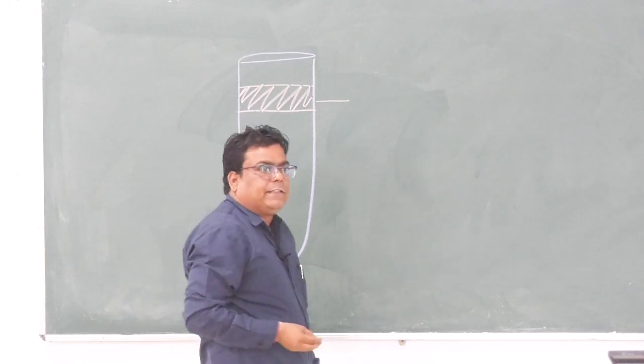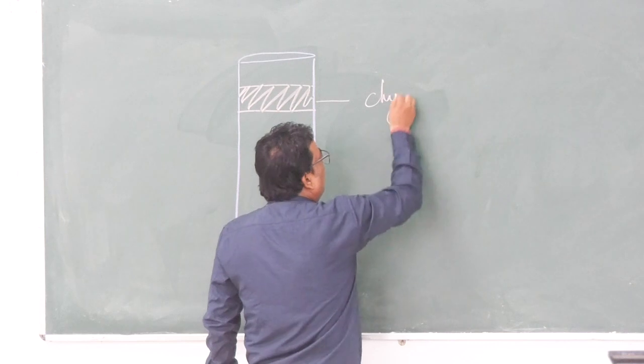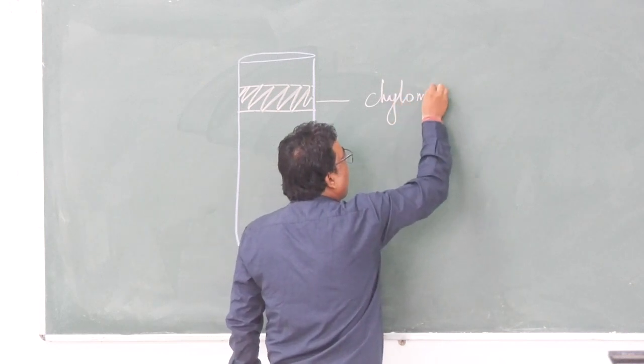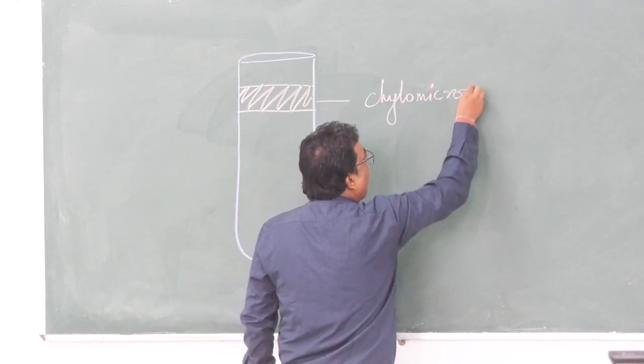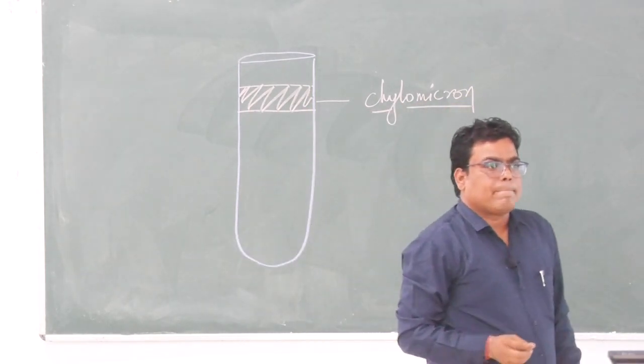This is the first separation of these lipid molecules or fat molecules. It is called chylomicron.